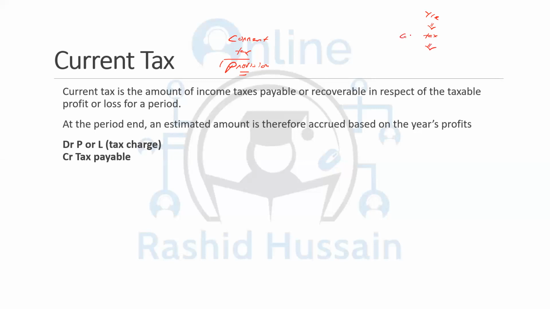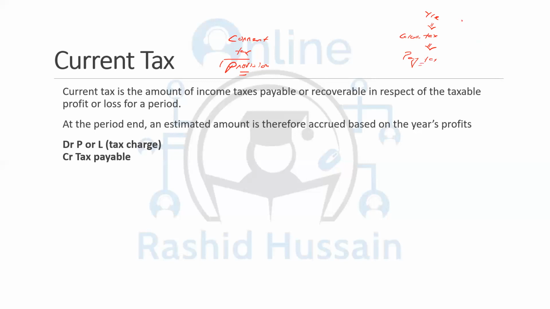First, they need to calculate the tax, and then they need to pay the tax. This should be the ideal situation: you got the year end, you have finalized your financial statements based on your profit, you have calculated the tax, and then some adjustments are done with the taxation authority. And now when your tax is accepted by the tax authority, you simply pay it.